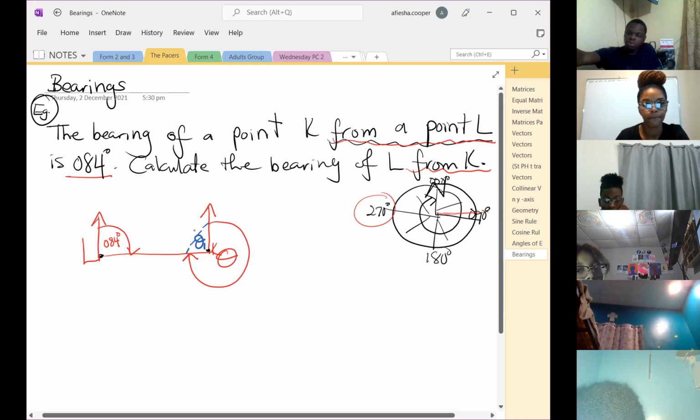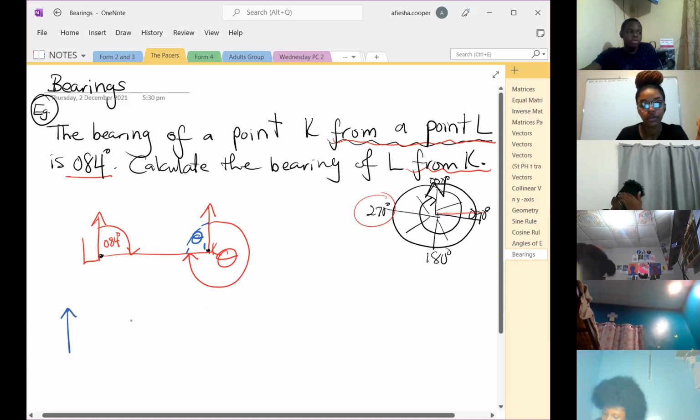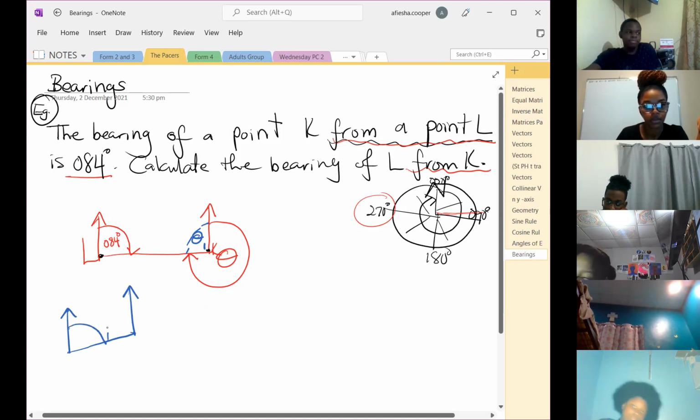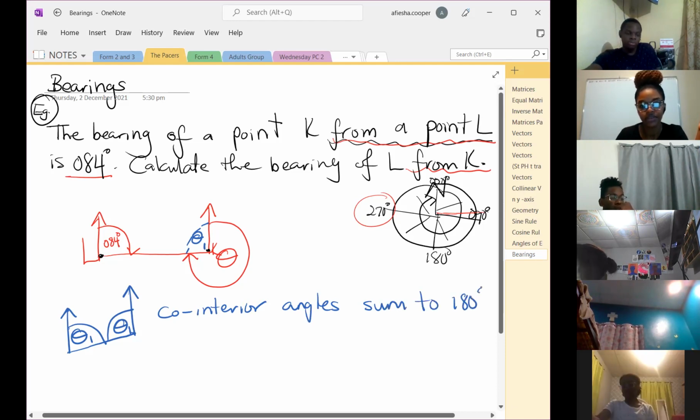Why? Miss, because 84 and the angle that was before are co-interior angles. Very good. So according to circle geometry, when you have two parallel lines, and you have angles between those two parallel lines, they are called co-interior angles. And co-interior angles sum to 180 degrees.